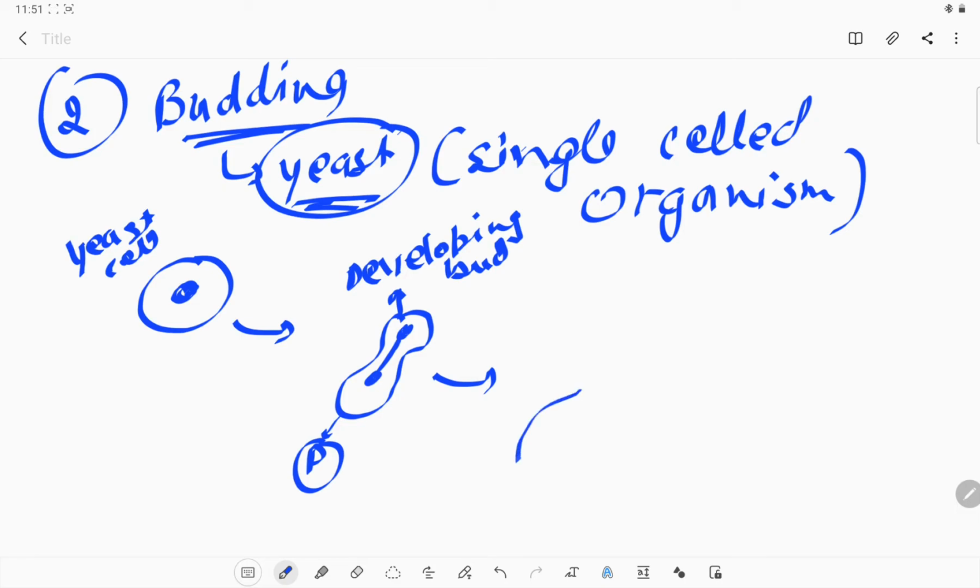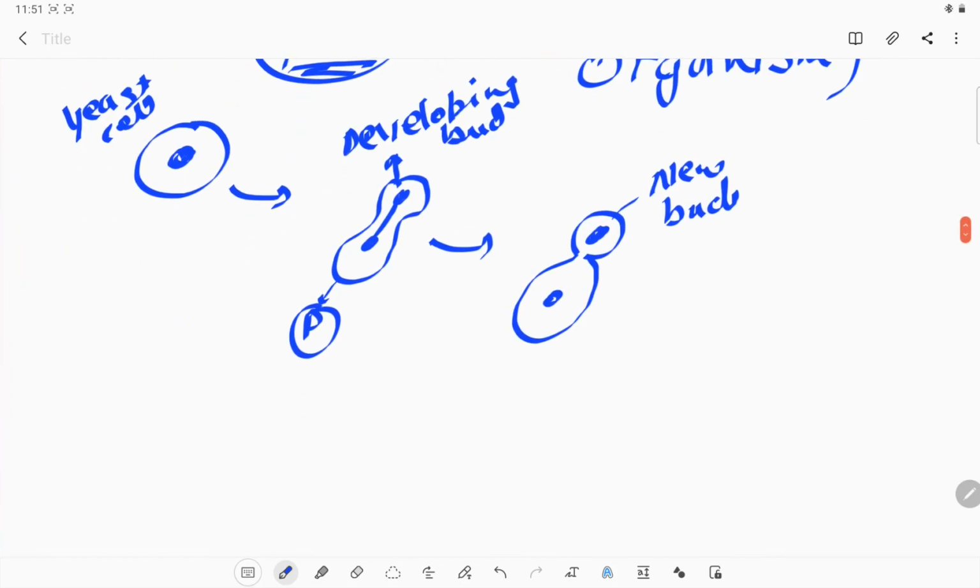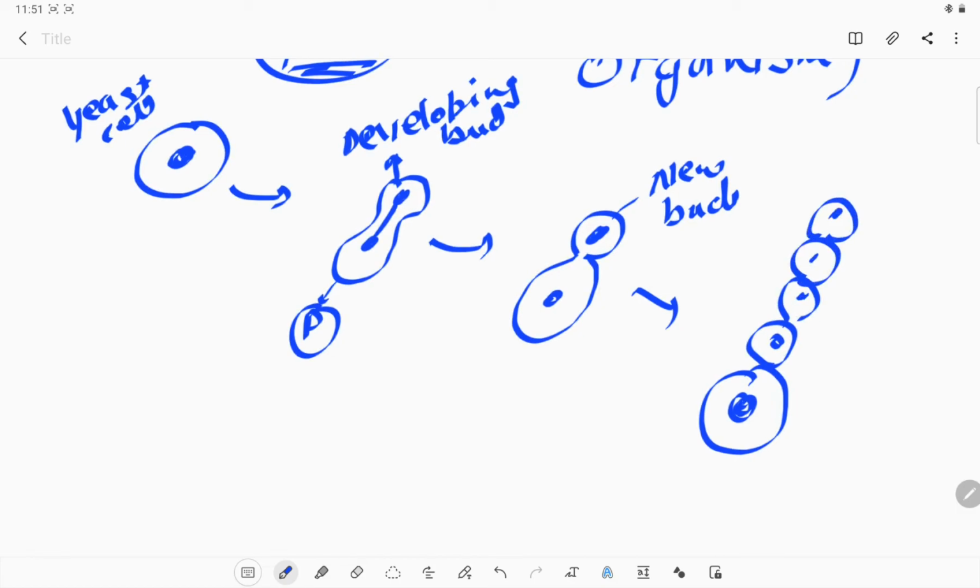Now this will become a clear bud. This is the parent body, and this is the new bud, and similarly a chain of buds will grow. After some time you will see a chain of buds on that parent body, and whenever they are mature they will detach from the body and grow into an individual, a new yeast.